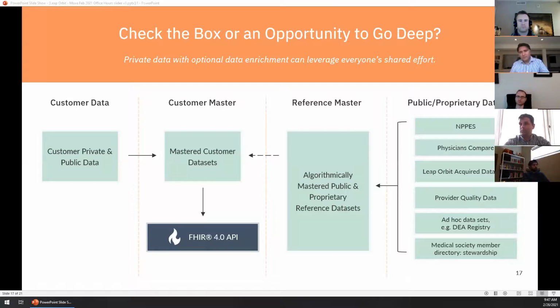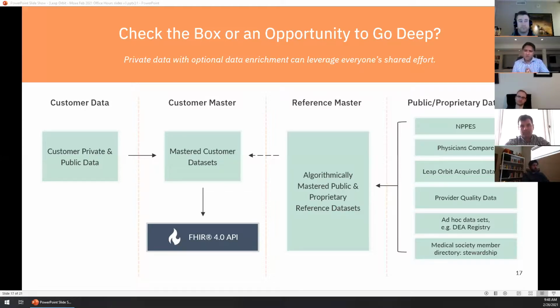And there's a need in the market for folks that are doing it at scale, at a national scale, and bringing that reference data to the table, so you can focus more on your specific data set and marrying that with the reference data.